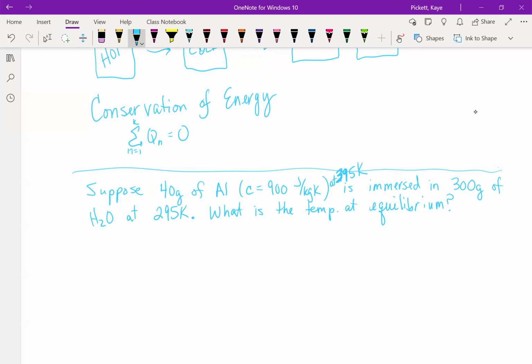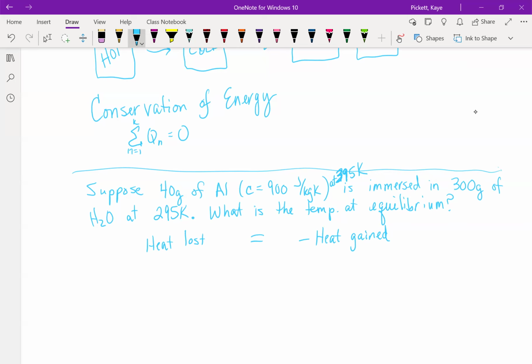So I've got my heat lost, heat gained, and one of them is going to be negative. Doesn't matter which one you make negative because one's going one way and one's going the other way. So the negative of the heat lost is equal to the heat gained, or opposite thereof.